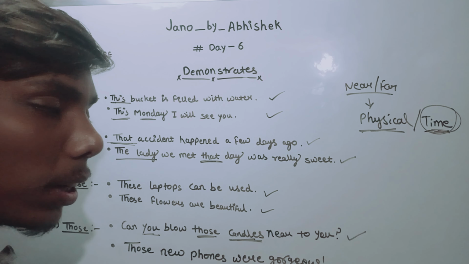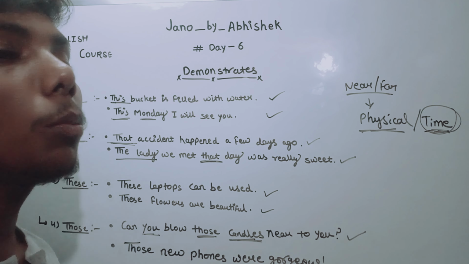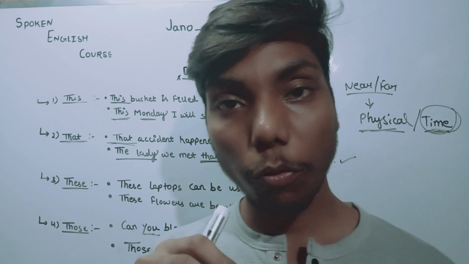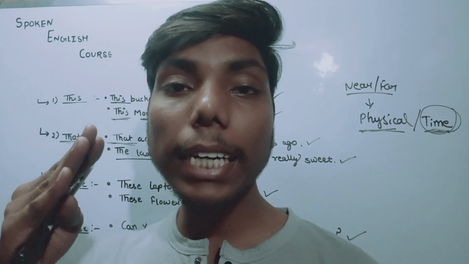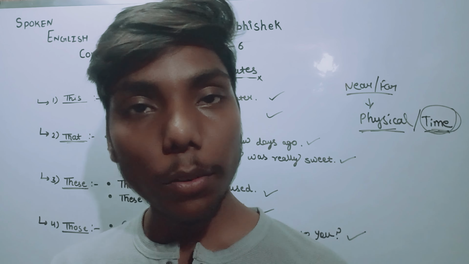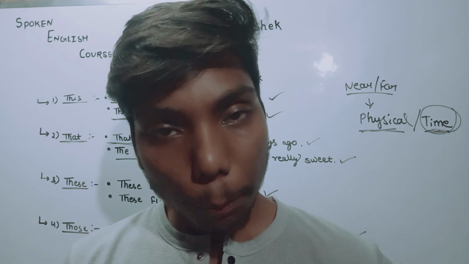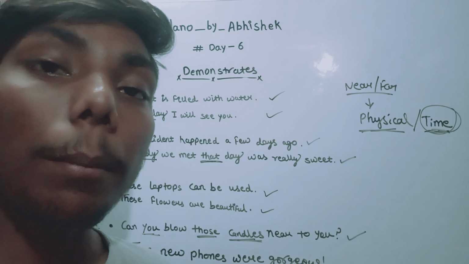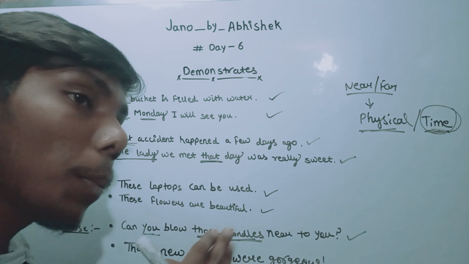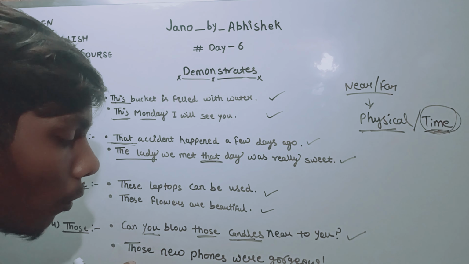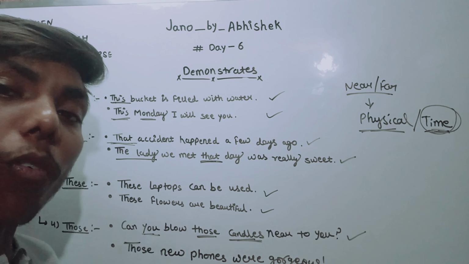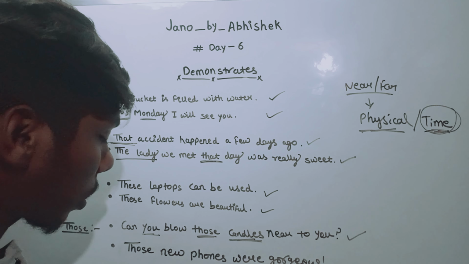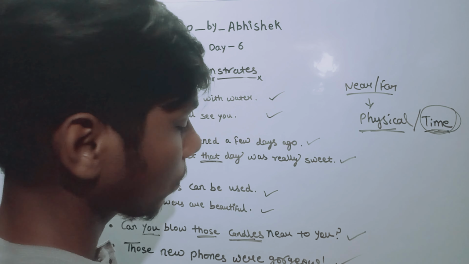But they are not far from me physically either. They are far from me in time. Let's suppose I had seen an advertisement of them in the past, and now while sitting I'm remembering those phones. So in that case, to point out those phones, I can use the word those. What will I say? Those new phones were gorgeous.